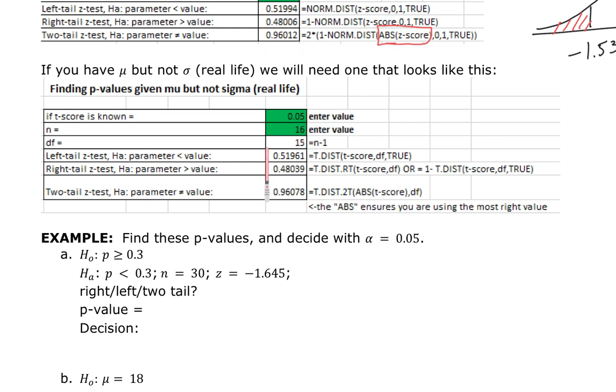Now, these numbers I just put in so that you can check your numbers against mine. These are not the alphas. Most of the time, once I know the alphas, I am not going to do this to find my z-score, because these numbers, these 0.05, are from up above.